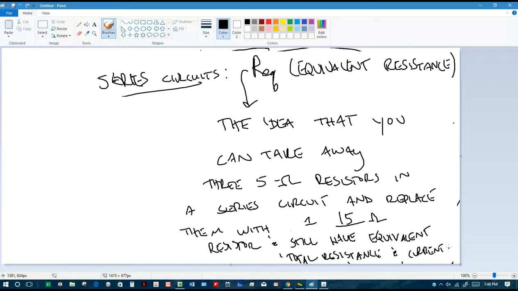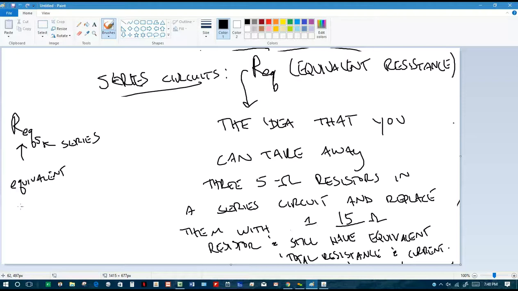That idea is called equivalent resistance, and they use that in your textbook. They call it R sub EQ. All right? And so in your textbook, if you read R EQ with an S, this EQ stands for, again, equivalent, and then S stands for series.